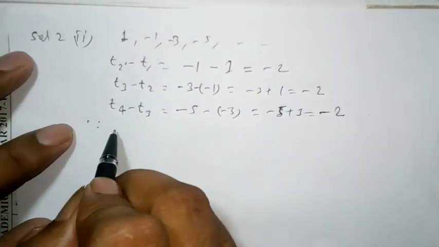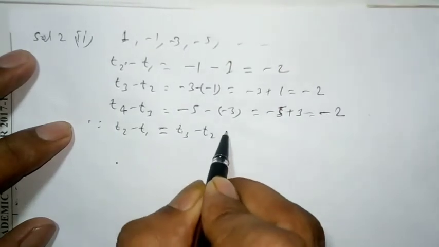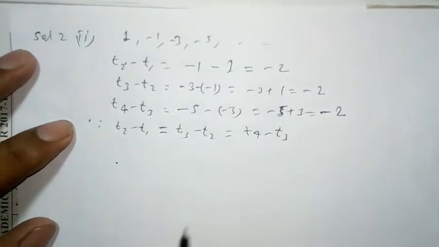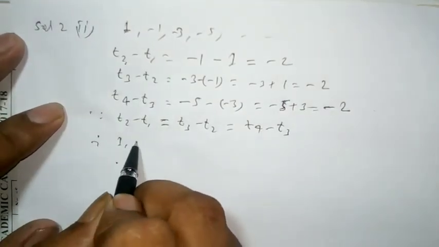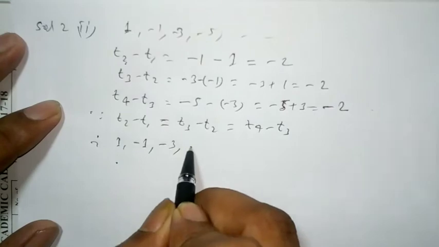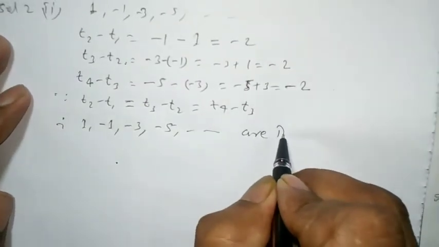Here because T2 minus T1 equal to T3 minus T2 equal to T4 minus T3, therefore 1 minus 1 minus 3 minus 5 dot dot dot are in AP.